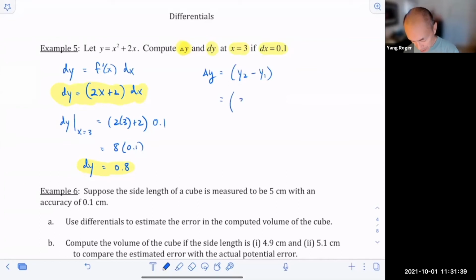So we'll have 3.1 squared plus 2 times 3.1, minus 3 squared, oops, that's a plus, my bad, minus 3 squared plus 2 times 3.